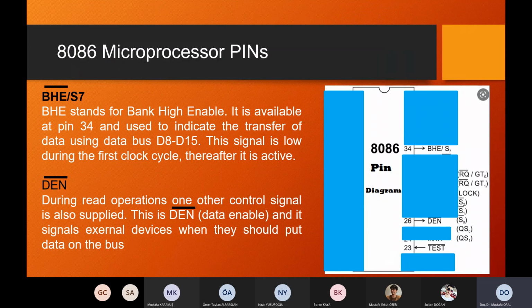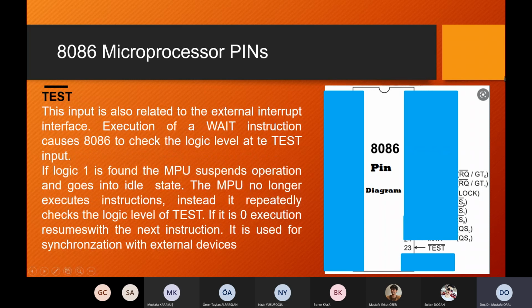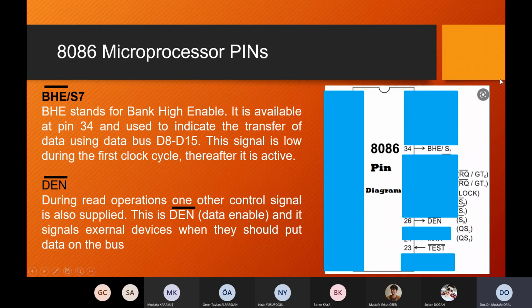The last two signals, bank high enable and test signal. Okay, bank high enable.